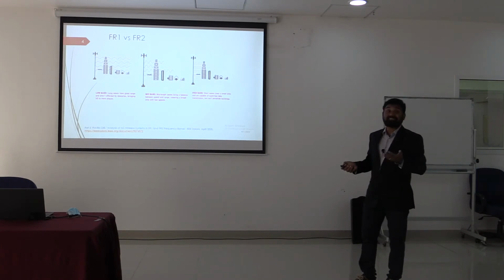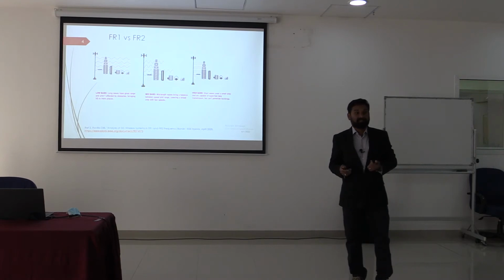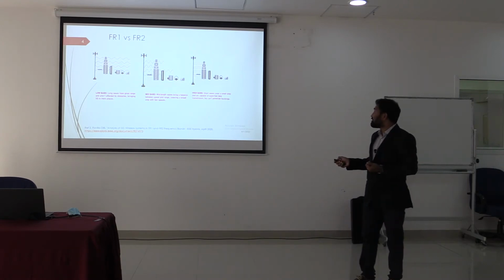This will balance the speed and the coverage. These waves may not go as far as FR1, but it can have at least a balanced coverage area. It cannot get super fast data, but we can get a speed greater than FR1 here.